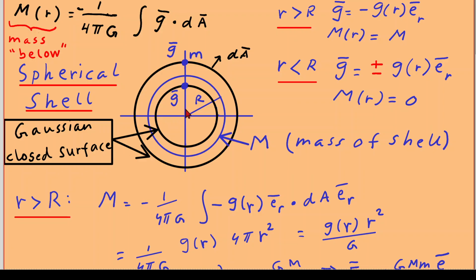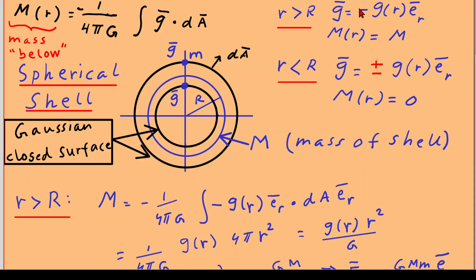Of course, by symmetry, if you were here instead, it would be pointing in the negative radial direction. And also here, pointing like that. Here, it would be pointing like that, and so on, pointing towards the center. And in spherical coordinates, where you have a radial distance and a basis vector, ER, it can be expressed like this.